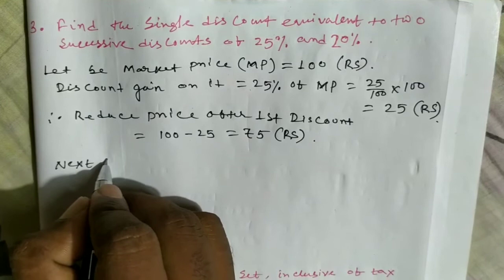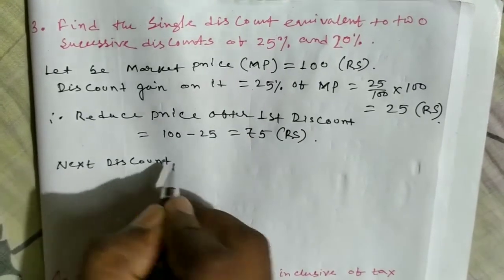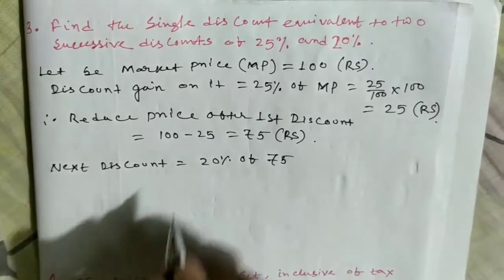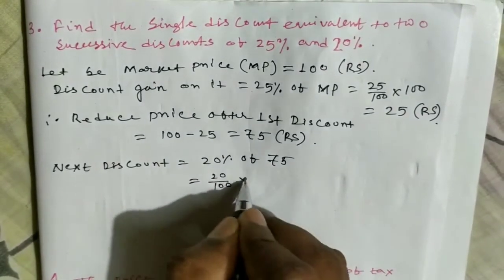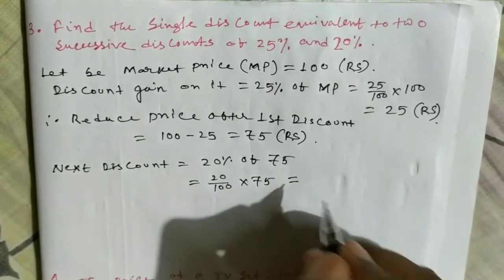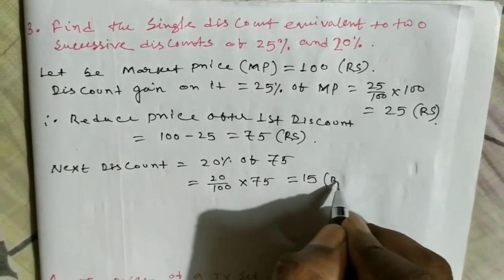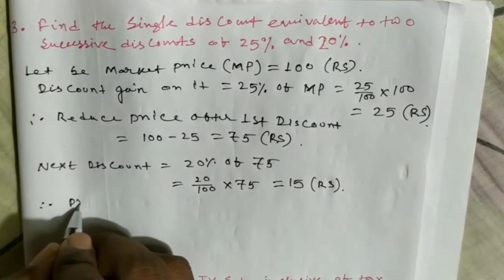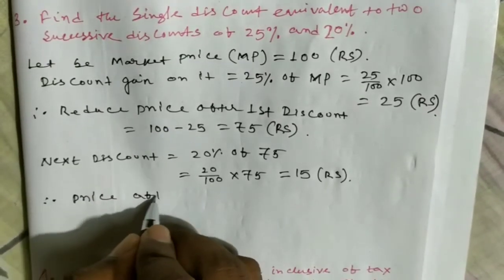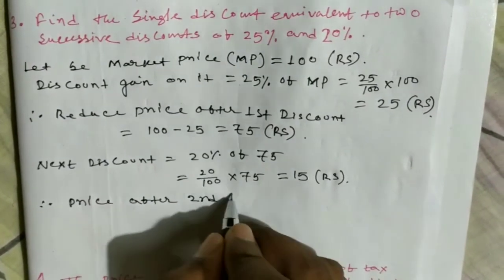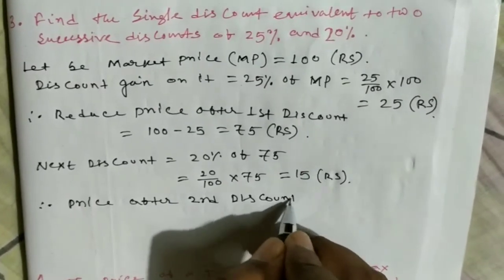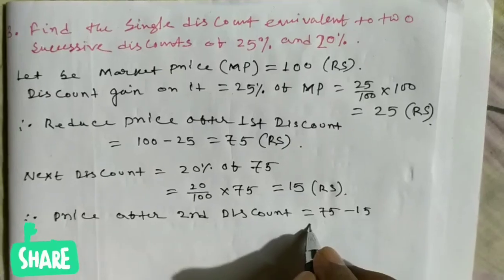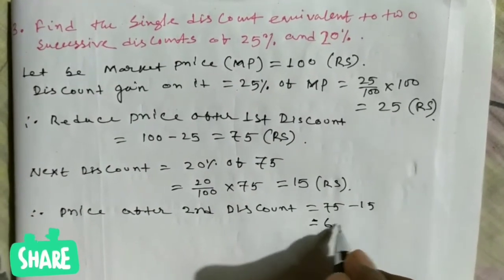Next, the second discount. Price after second discount is equal to ₹60.